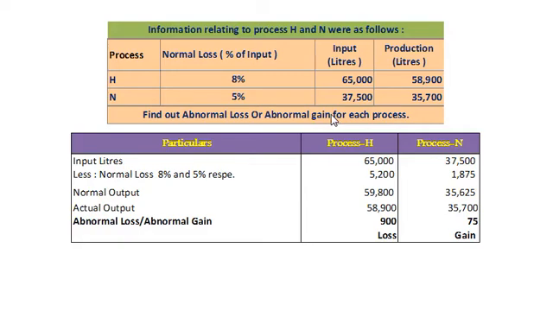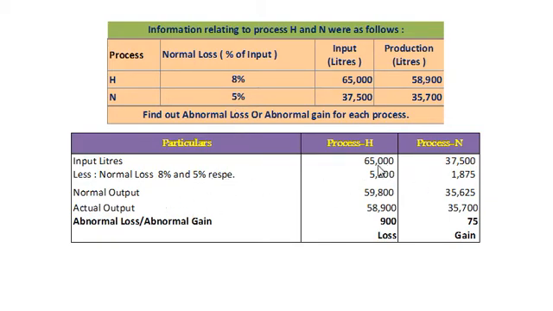Dear students, here we are given inputs, normal loss and actual output. From this information we are to calculate abnormal loss and abnormal gain. Here is the solution. Input liters 65,000 and 37,500 as per the information given in the sum. From this we will deduct normal loss, that is 8% and 5% respectively of the process.